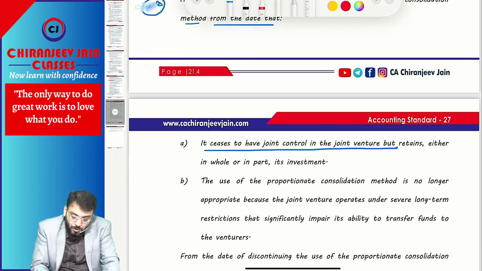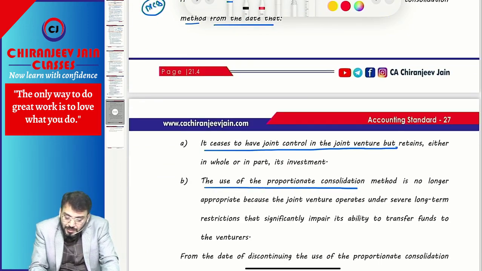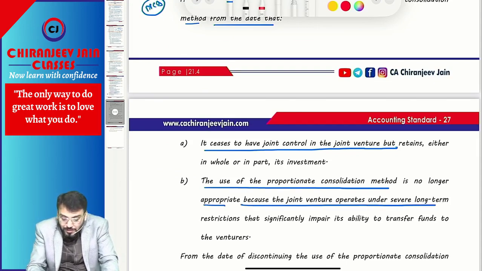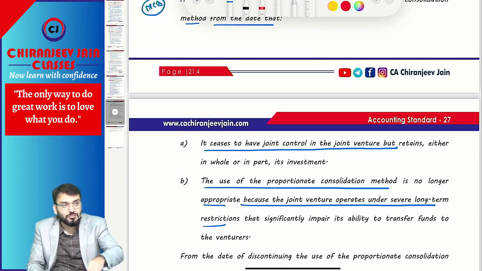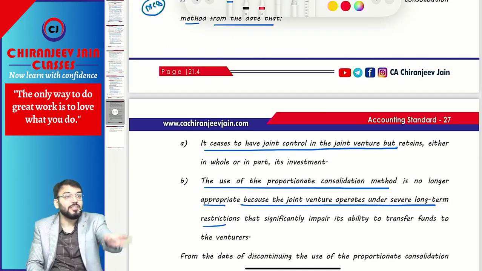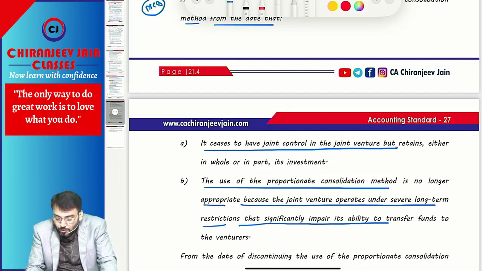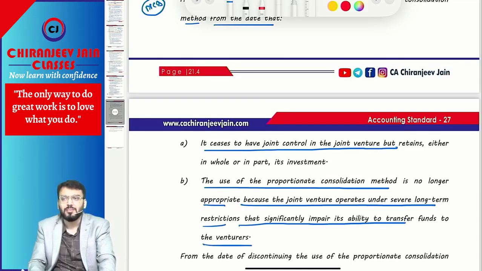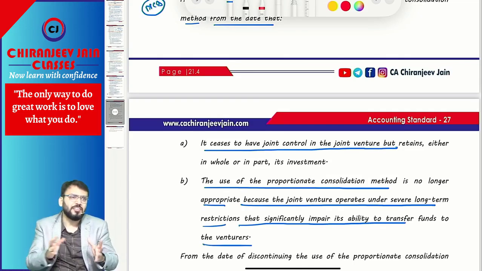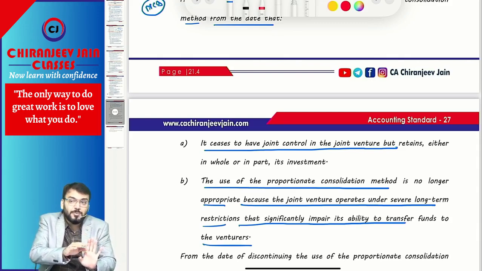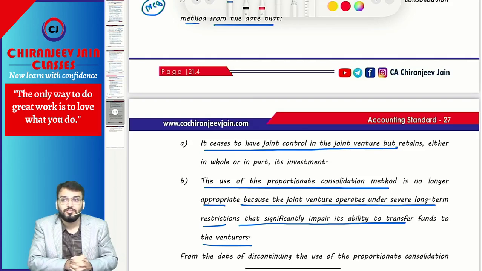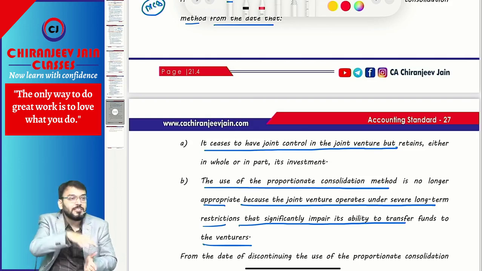Or the use of PCM is no longer appropriate because the joint venture operates under severe long-term restriction that significantly impairs its ability to transfer funds to the venturer.